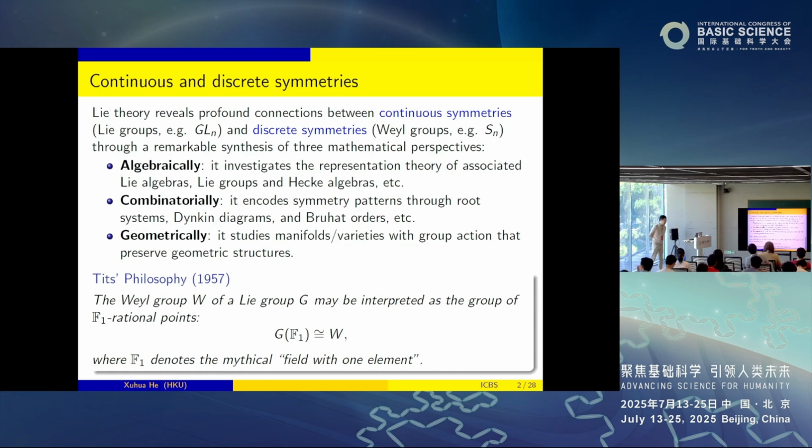This is due to the pioneering work of Lusztig and others, starting from the 70s and 80s, and it gives rise to what we now call geometric representation theory, which is a very interesting area.